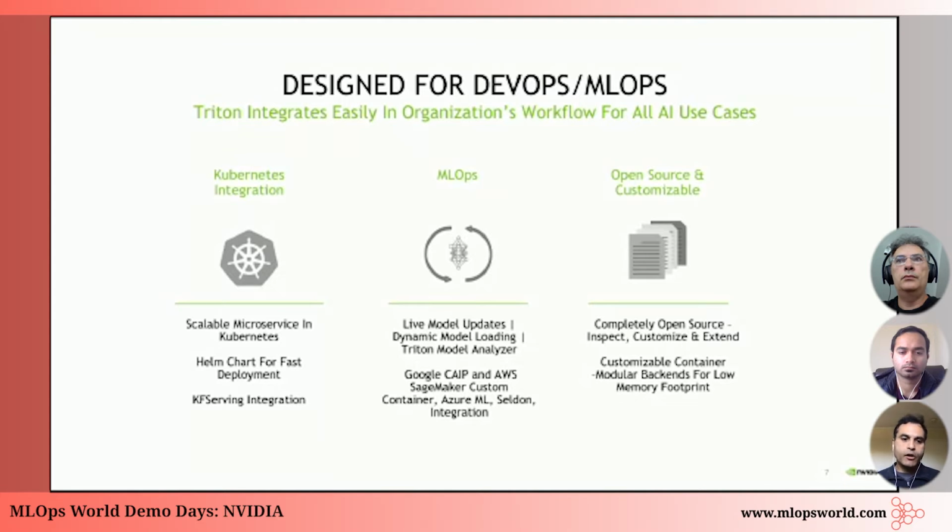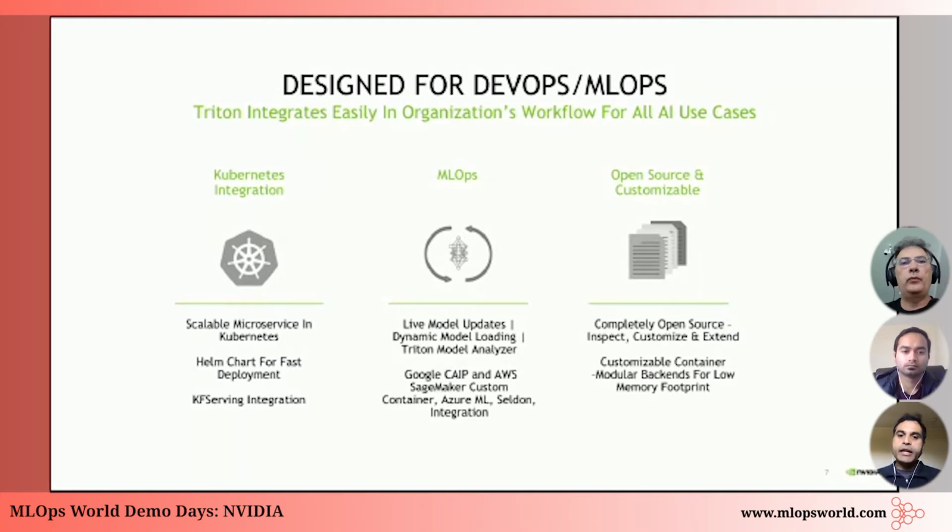And specifically, we have also done integration with KF Serving. KF Serving is serverless inferencing on Kubernetes, and it can be used with Triton for actual inference serving. That's on the Kubernetes side. Now, on the MLOps side, where we look at automating this end-to-end workflow, Triton has some very key features like live model updates.